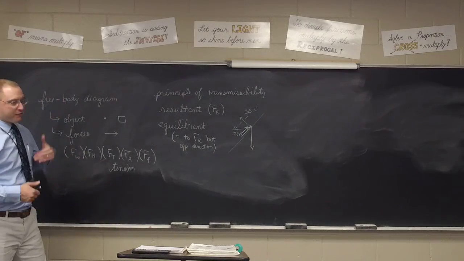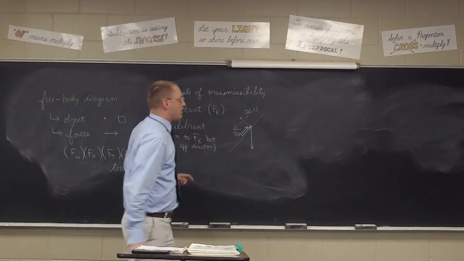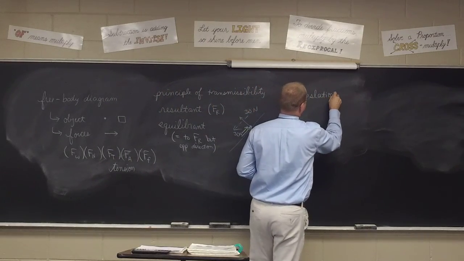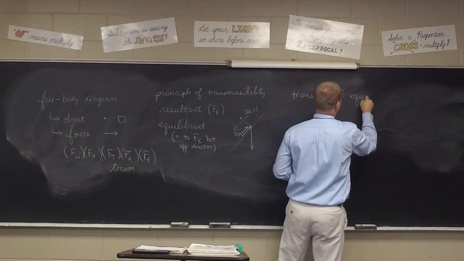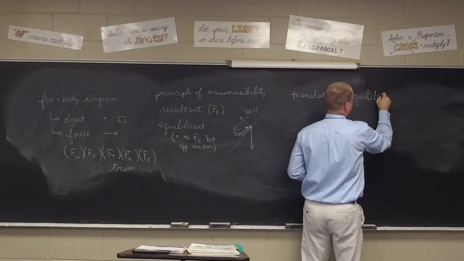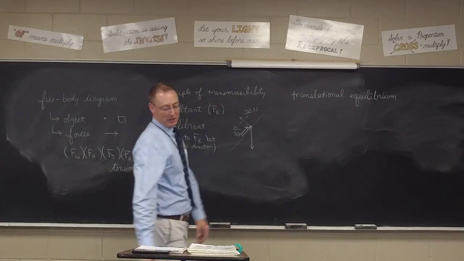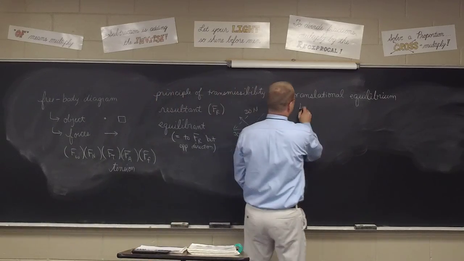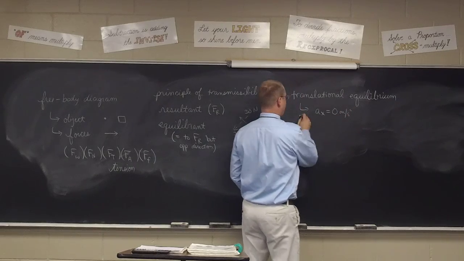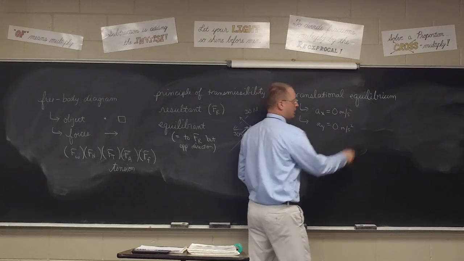Now, if all the forces acting on an object cancel, then we have something called translational equilibrium. Translational equilibrium is a situation in which there is no acceleration in the x and no acceleration in the y.